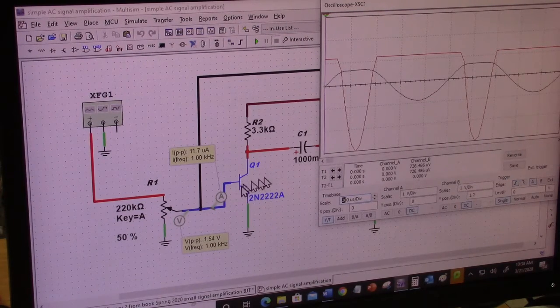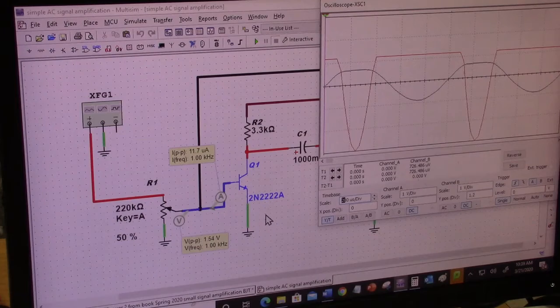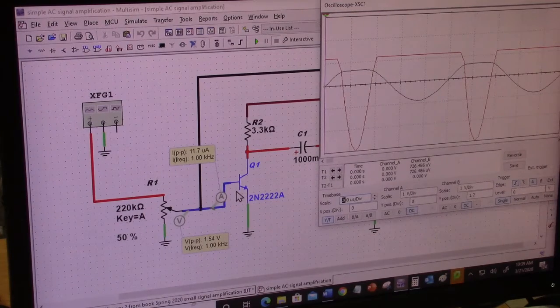And you can see why that happens. That's because this transistor here is an NPN transistor. So the transistor conducts only during the positive going waveform. It does not conduct during the negative going waveform, when it's not forward biased.